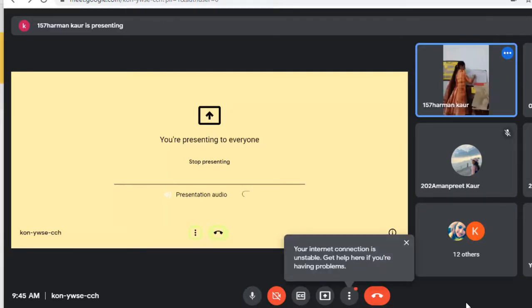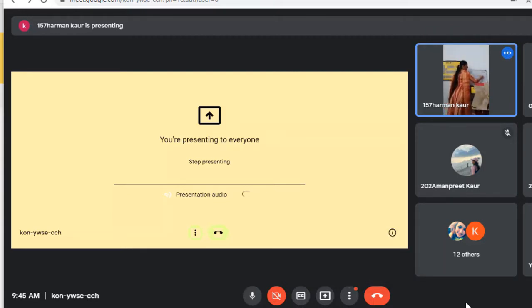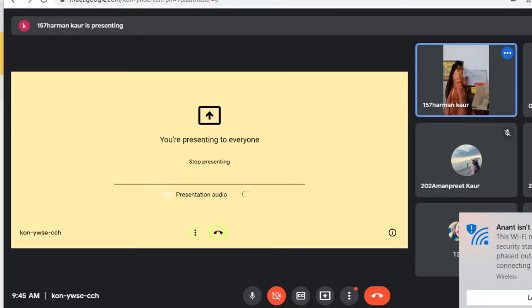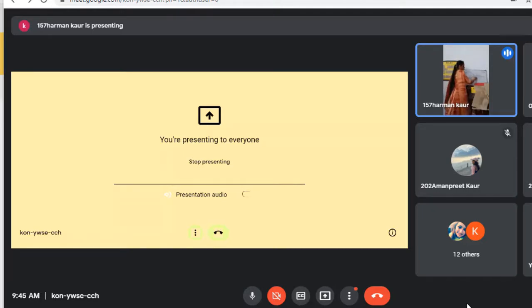Industry refers to the economic activities which are connected with conversion of material or resources into useful goods.